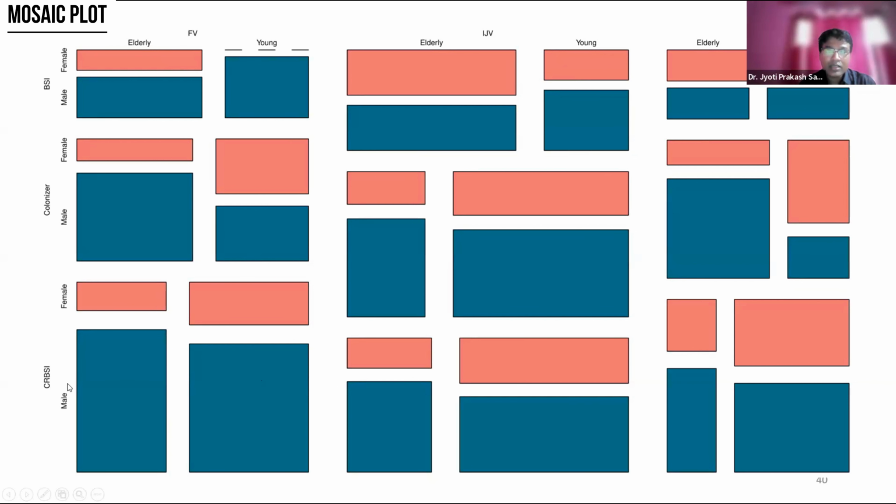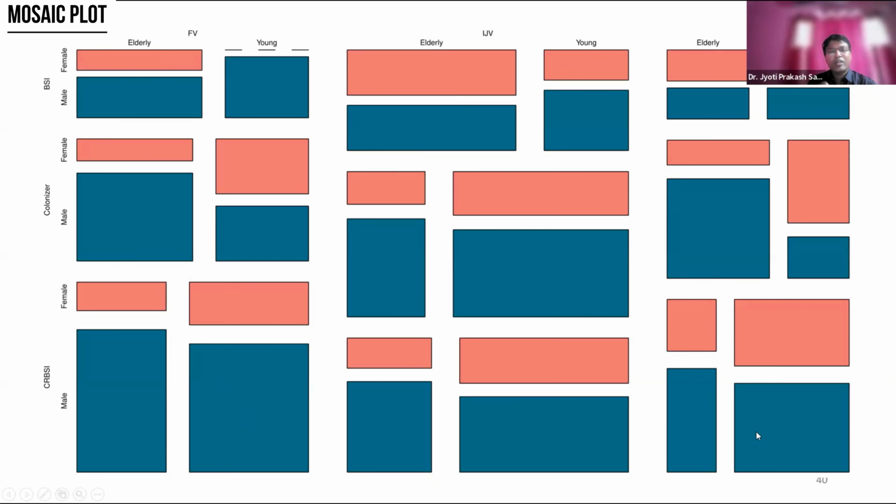We have grouped as per the gender. Here is one demarcation. Here is another one. As per the infection, sorry. As per the infection. Here is the second demarcation, second grouping.